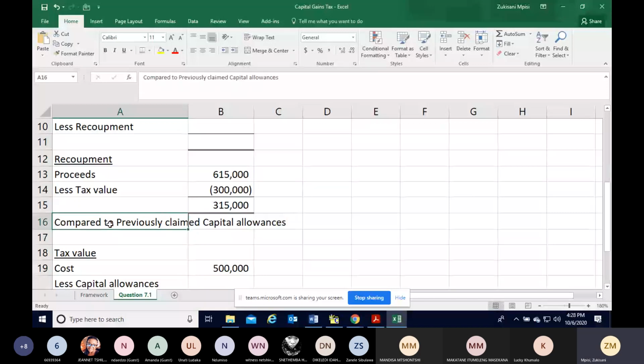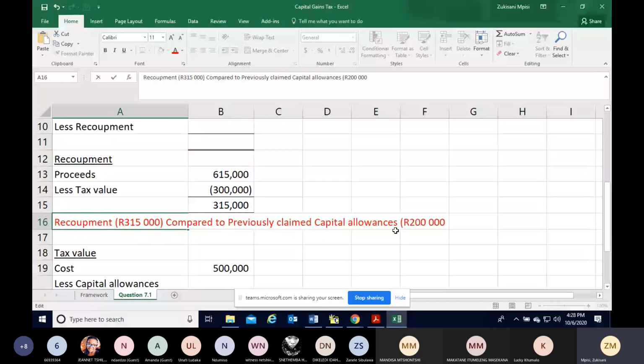Please don't forget this stage, very important. This recoupment of 315,000 is therefore compared to what has been previously allowed. What was previously allowed, we've been given as 200,000.